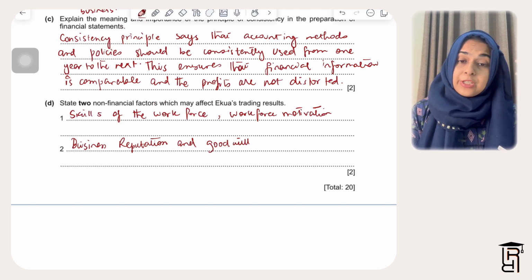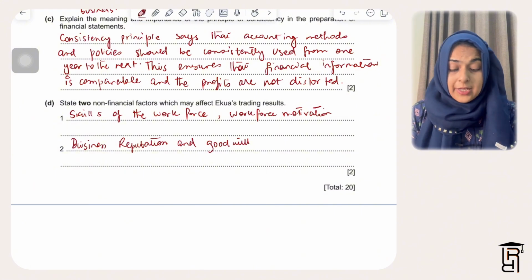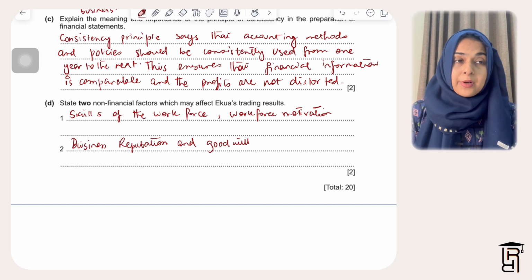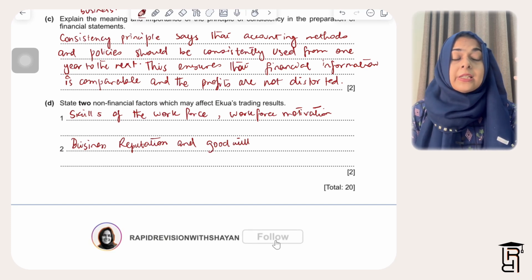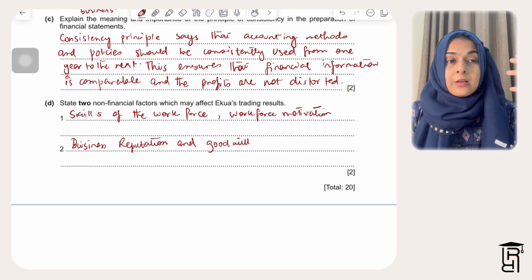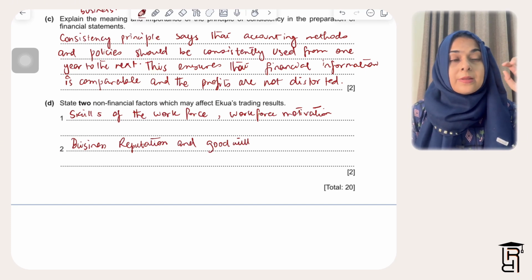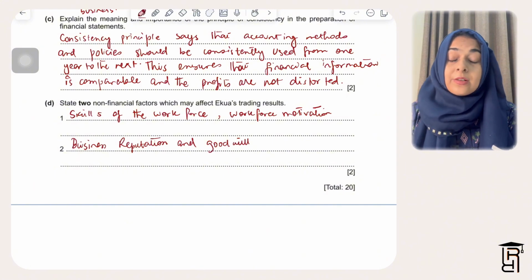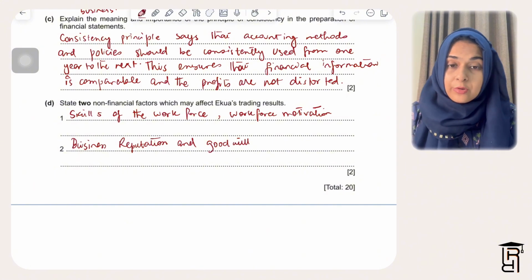Also, business reputation and goodwill. There's this thing called branding in business and in marketing. Branding actually gives your business another value. So there's a value of the brand as well. Also, there's after sales service sometimes, which is very valuable to the customers.